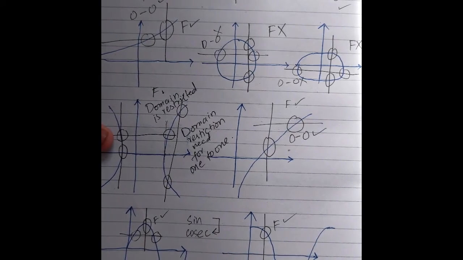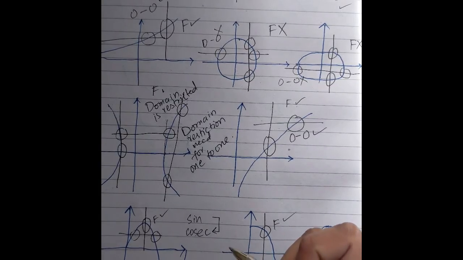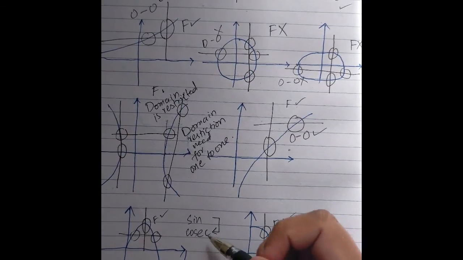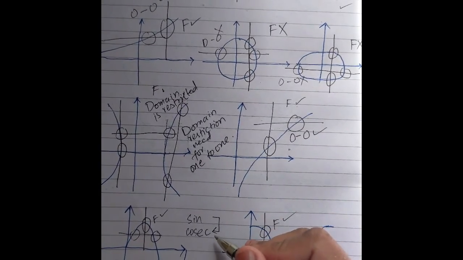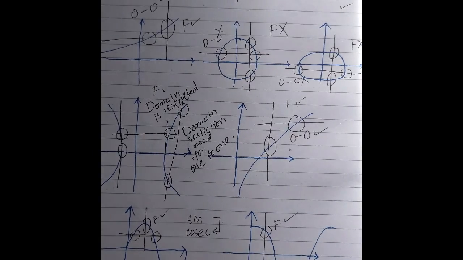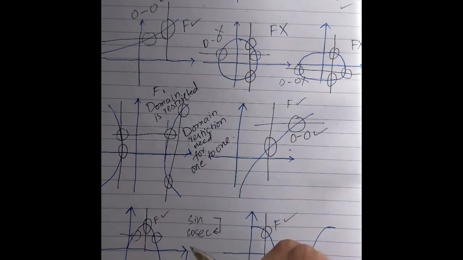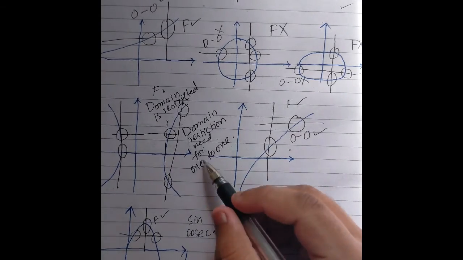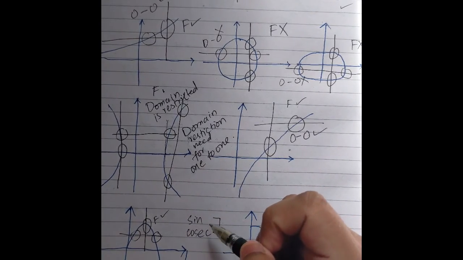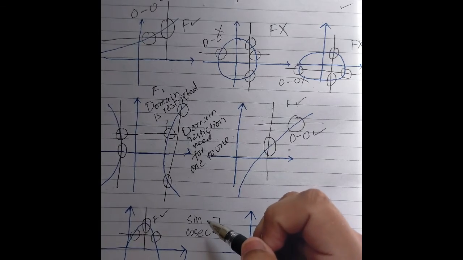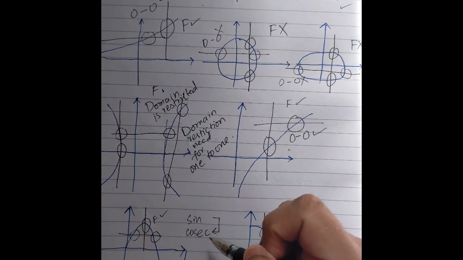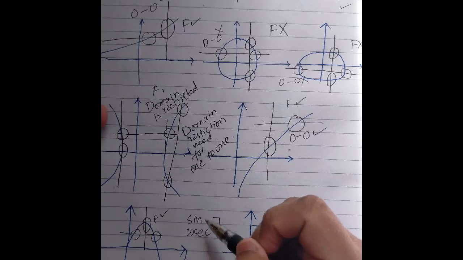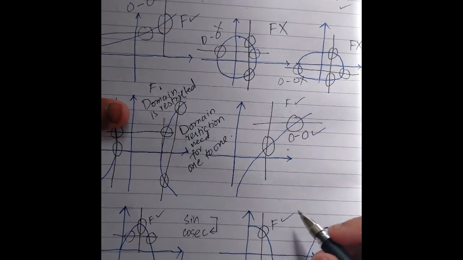But in trigonometry, when we study this function, we get to know that the inverses exist. So the same condition arises, that the domain needs to be restricted for one-to-one. The domain needs to be restricted for the inverse function to exist for the trigonometric functions.